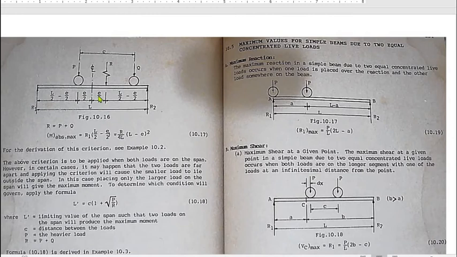Okay? So, in short, yung centroidal mass, nilagay mo pa rin sa gitna ng beam. Parang naging concentrated load na siya, pero nasa gitna na.